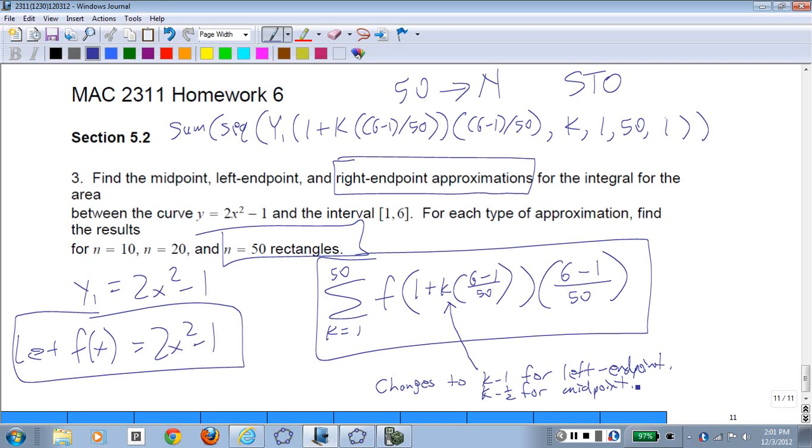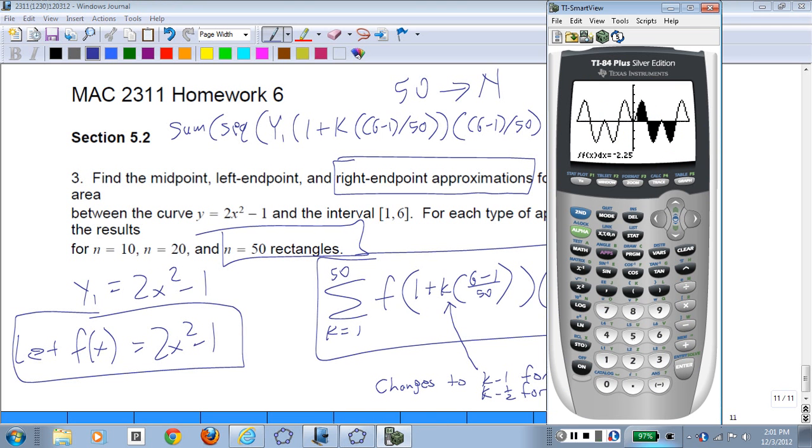Now, if you have trouble with the y-vars, the vars button on the calculator, where is it? Right there, that's the button that you punch to get the y1 up. We don't use that one every day, but you go there with second quit, clear, to get the y1.